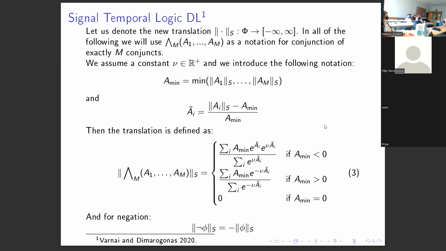That's the largest one. We've got the conjunction of M elements, and that is because this translation is not associative. So we have this kind of translation, and we'll denote it by this larger conjunction in M. And then we can look at the actual translation of conjunction, which is this entire thing.